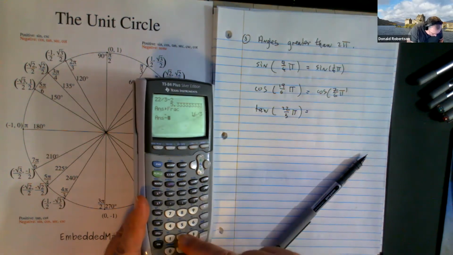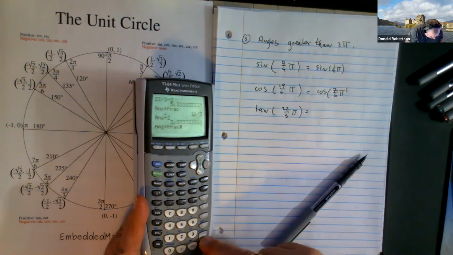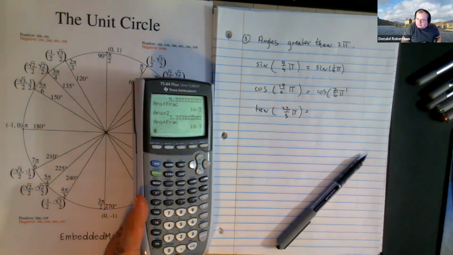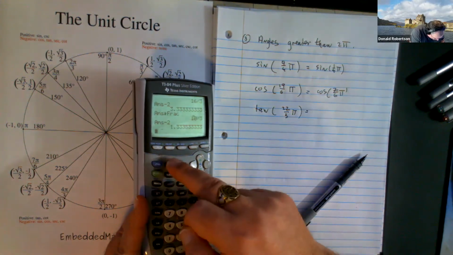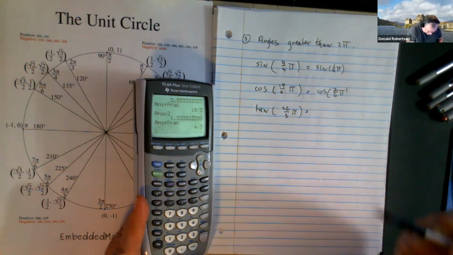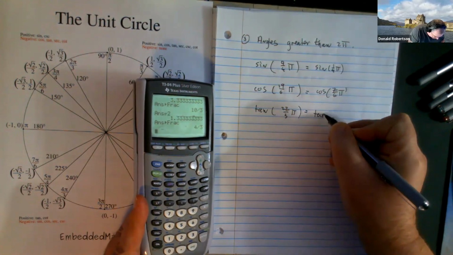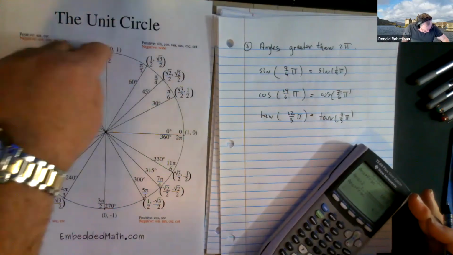So I'll take away 2 more. 10/3. Okay, take away 2 more. This one's going to work, isn't it? Yeah. Can you see that you get to a number, in this case 4/3 pi, that is in this range?